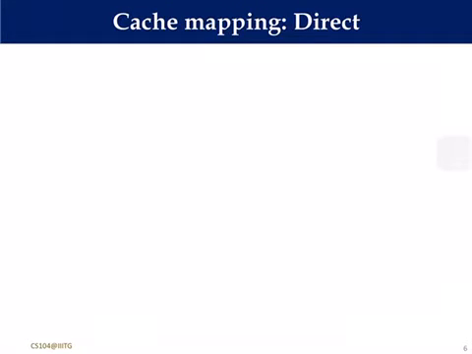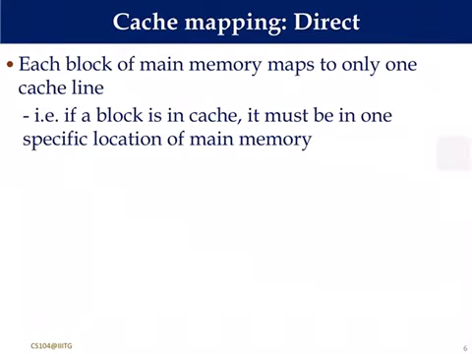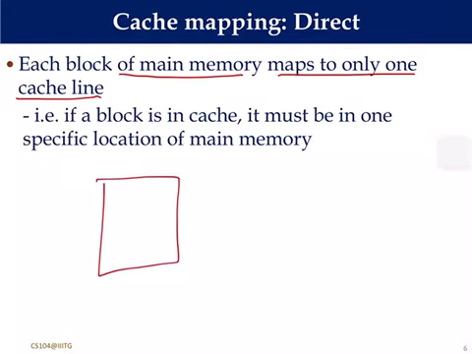So let's come to direct mapping. Direct mapping is very simple: each block of main memory maps to only one line in cache. Say you have the main memory, and let us take one particular block.